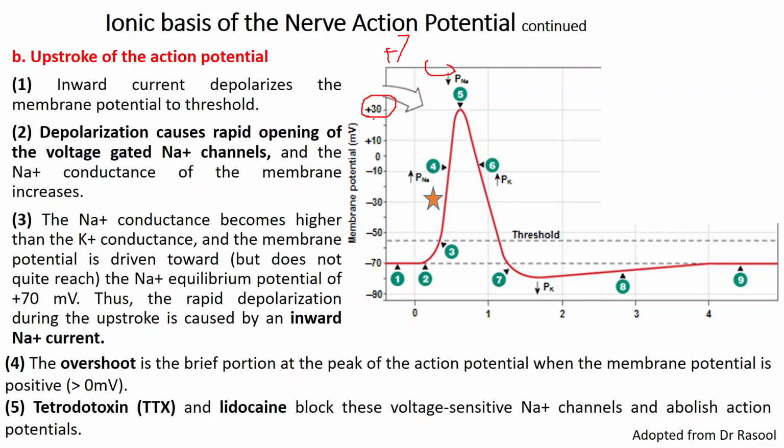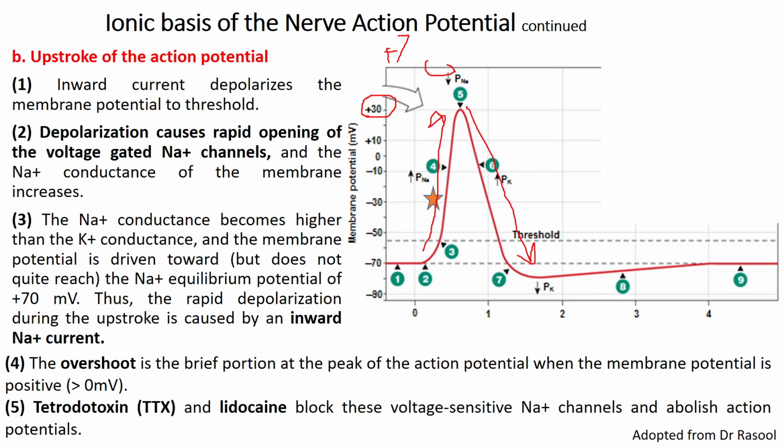So when the membrane reaches around positive 30 millivolts, we have the activation of the voltage-gated potassium channels and the closure of the inactivation gate of the voltage-gated sodium channels. Now, why would potassium be leaving the cell in the repolarization? So here is the upstroke, where the membrane is being depolarized, going toward less negative, more positive values. This is where the membrane is being repolarized to the resting state.